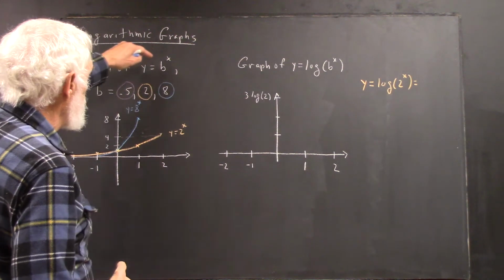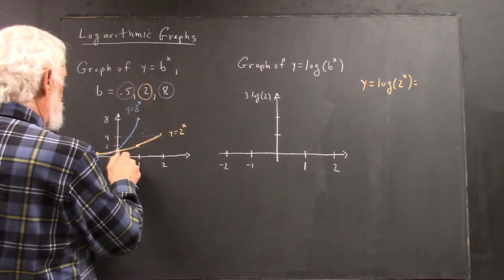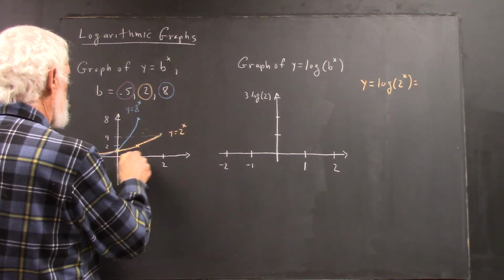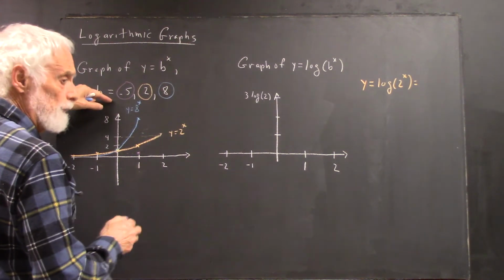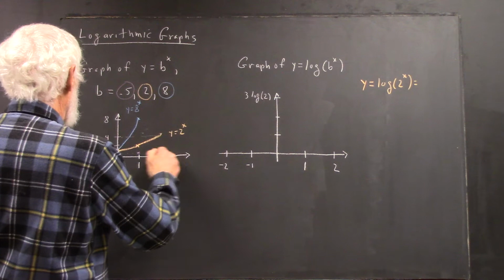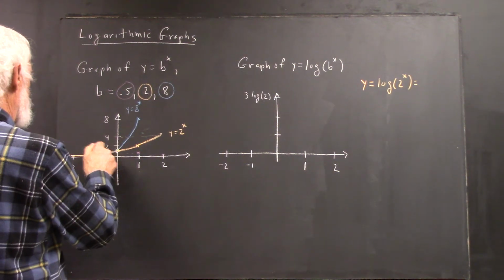Well, 0.5 to the first power is 0.5. So 0.5 is like here. The graph is going to be this. And 0.5 is 1/2, of course. 1/2 to the second power is 1/4. And you can easily get the same values for yourself.